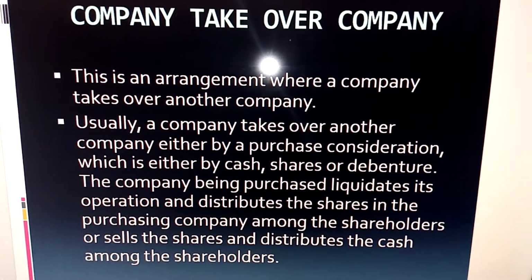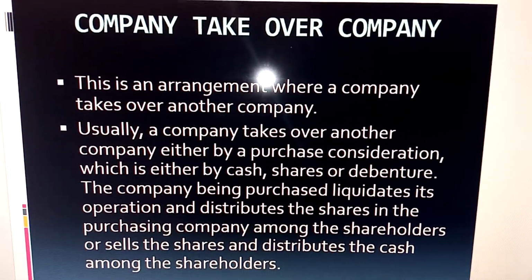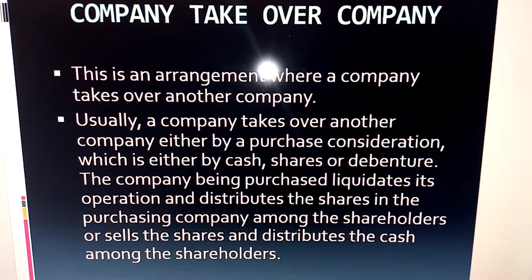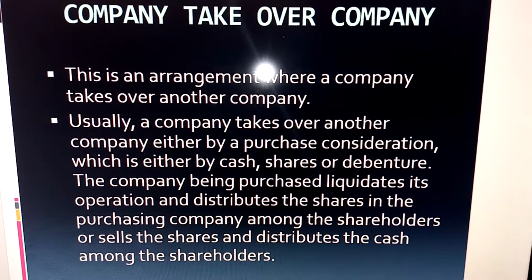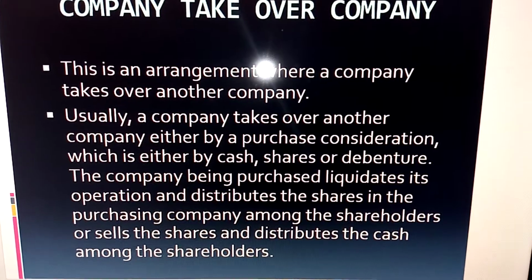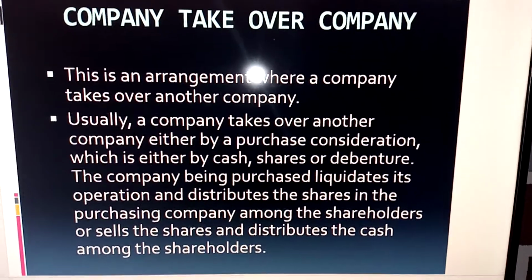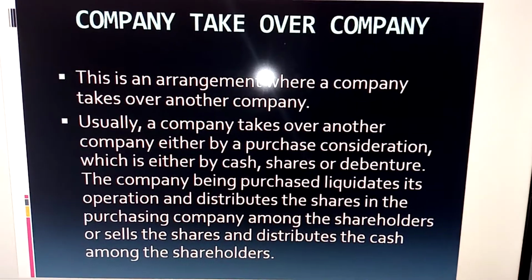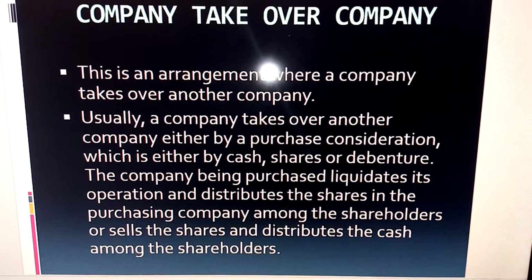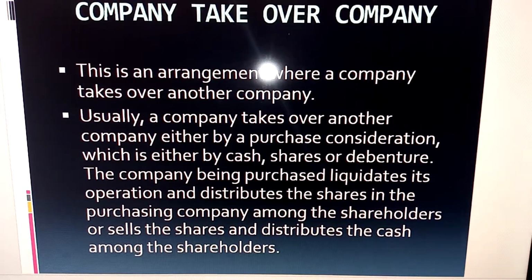So now here we're looking at company takeover company. So the arrangement is that a particular company is taking over another company. Usually what happens is that the company taking over the other company gives a purchase consideration. And like I said earlier, you can have purchase consideration in cash, shares, debenture, or a combination.